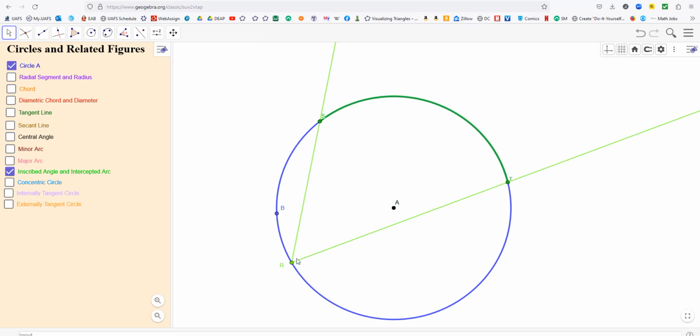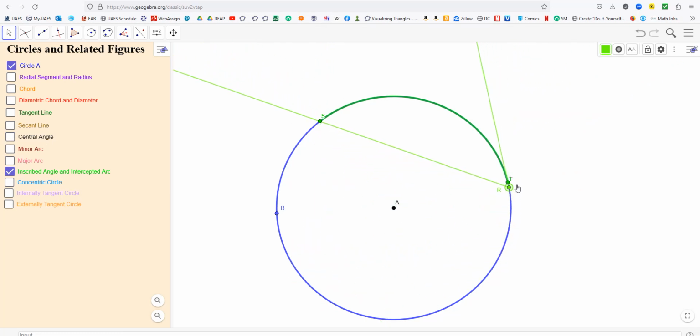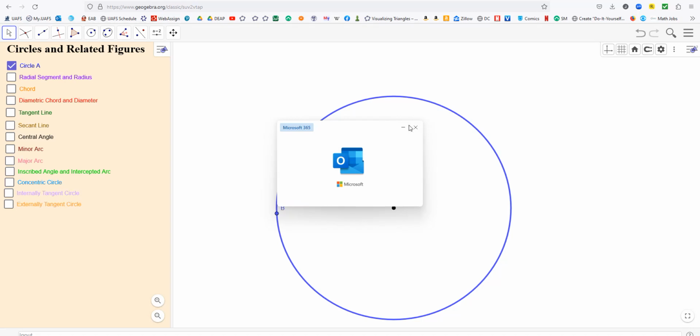Okay, so that's an inscribed angle. That does include the possibility of an inscribed angle where this is tangent to the side like that. And so this is still an inscribed angle there where it's tangent. And we have an intercepted arc. Okay, just a couple more and we'll be through with our basic setup.